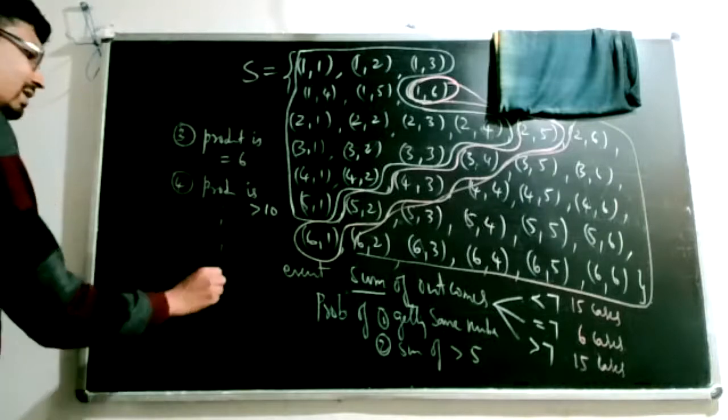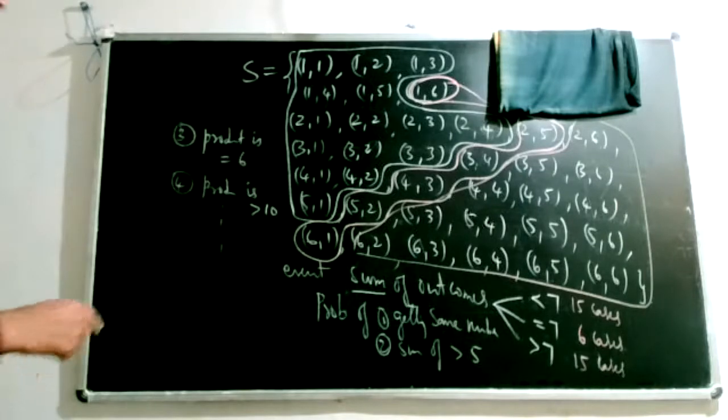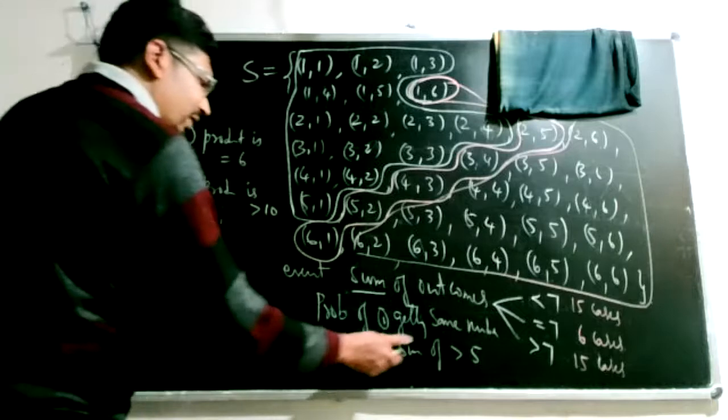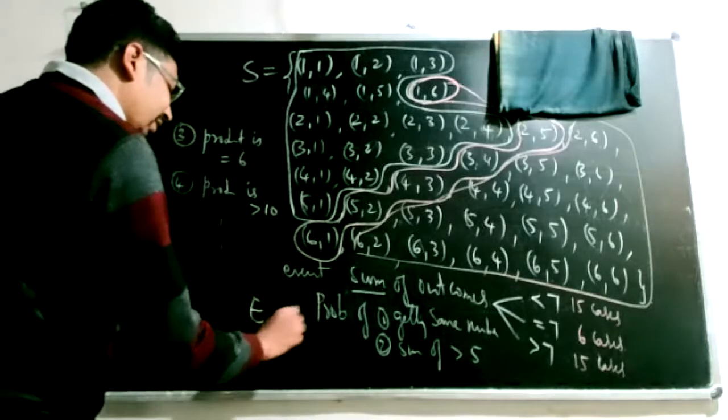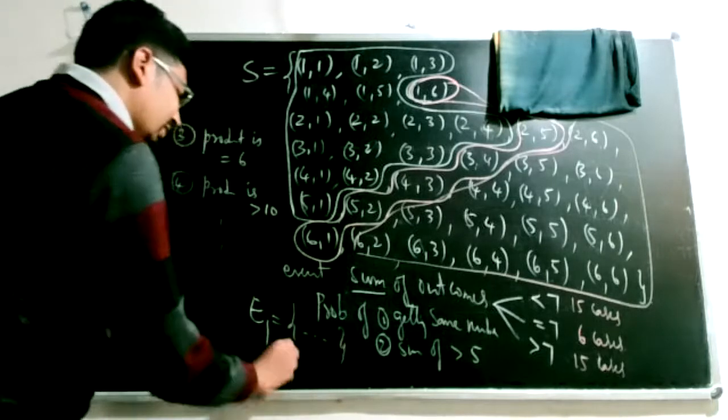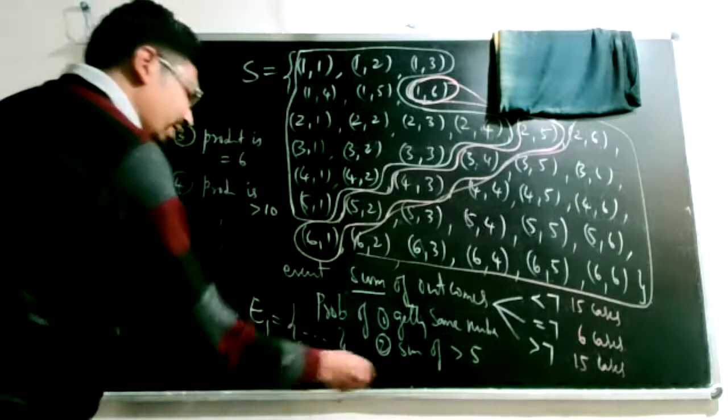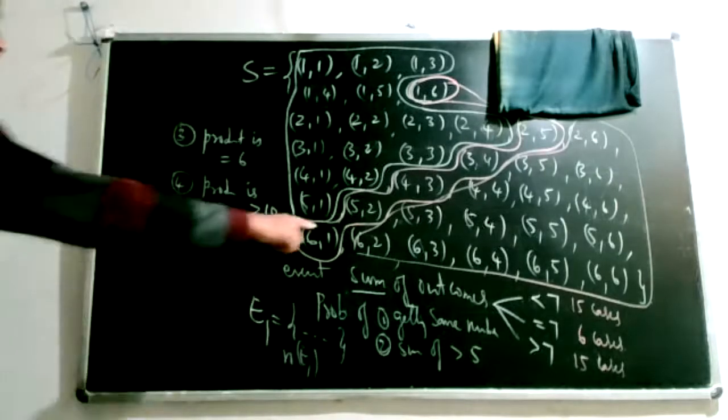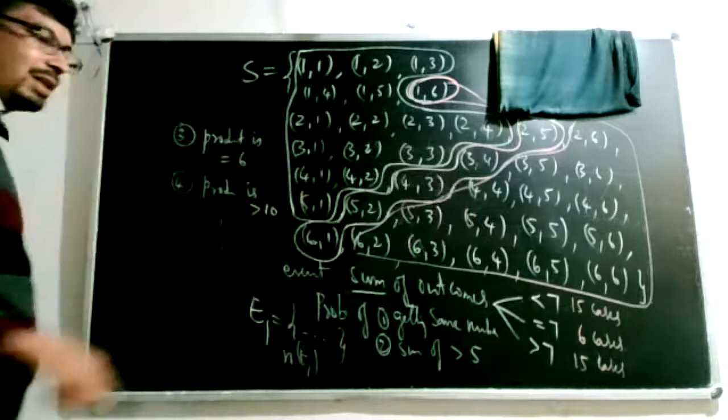Various such events could be looked at, and full marks will be given only if you have correctly written the event, their favorable outcomes, the notations n of E1, n of E2, n of S, and all these 36 elements of the sample space.